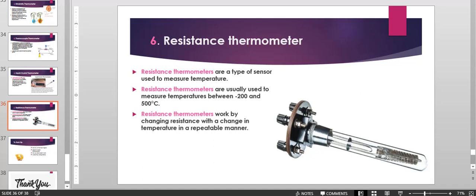And with the help of this, the indicator or the pointer will show an indication or a variation that the temperature change has occurred.